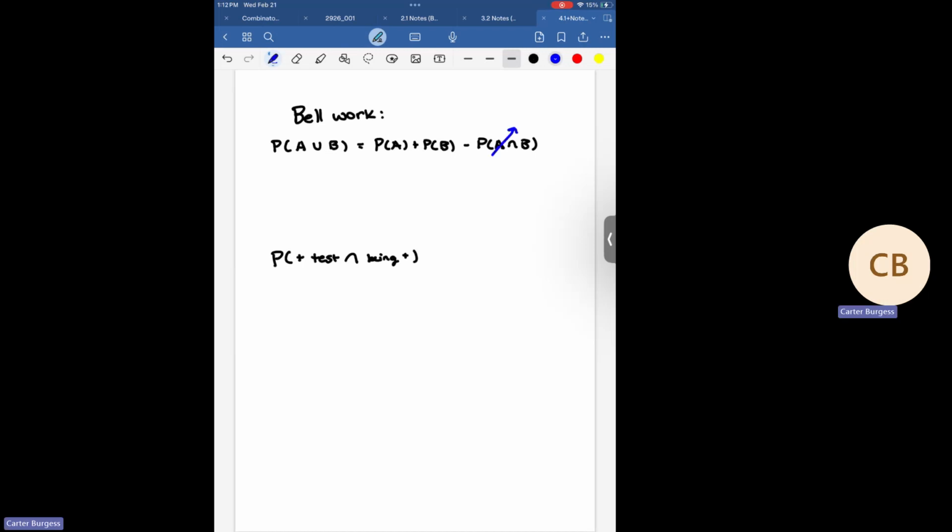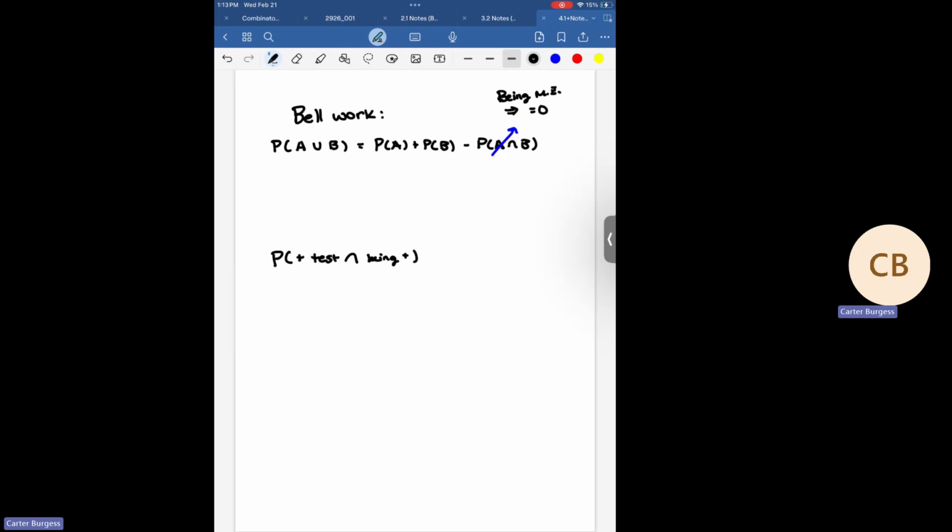There can't be overlap, exactly. So there is no overlap. Being mutually exclusive gave us that the probability of the overlap should just be 0, no chance of them sharing.